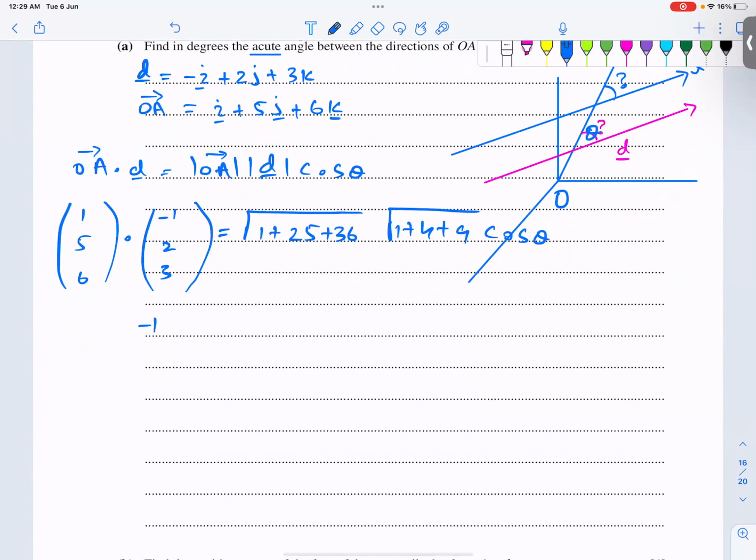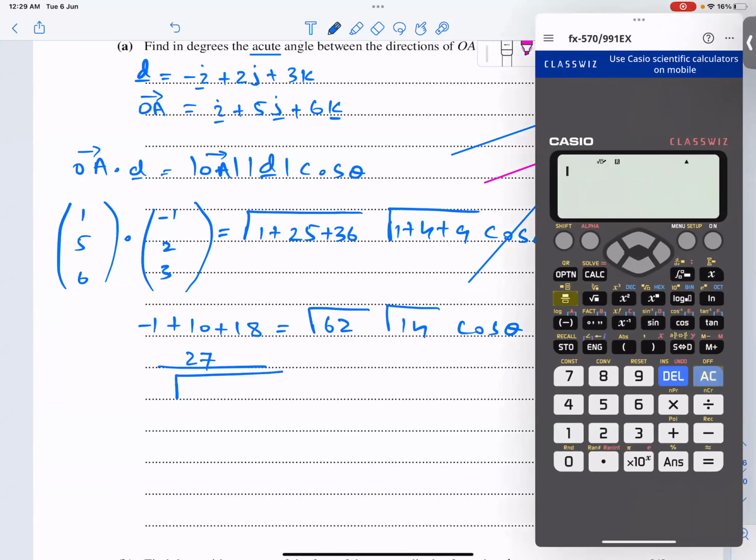The left side will become minus 1 plus 5 twos are 10 plus 6 threes are 18, which is 27. On the right, 36 plus 25 plus 1 is 62, so it is the square root of 62 multiplied with the square root of 14, times cos theta.